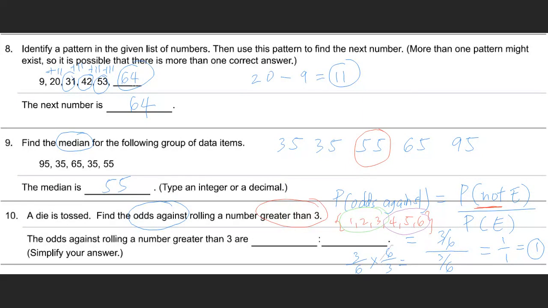So 6 will be cancelled out, and you'll get 1 on the top, because 3 will be cancelled out also. So 1 times 1 is 1 on the numerator, and 1 times 1 at the bottom is still 1. That's how we get 1 over 1, or simply 1.